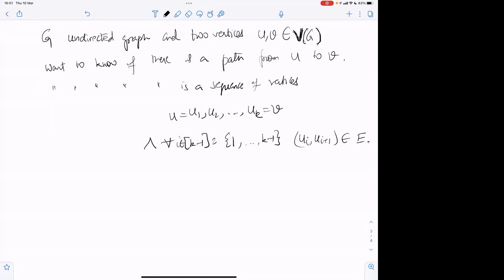If you are careful, you might say that in this sequence we have not prevented vertices from repeating. When I wrote a sequence of vertices which goes from u to v such that adjacent vertices are edges, this doesn't preclude the vertices in the sequence from repeating, whereas we often associate a path with distinct vertices.